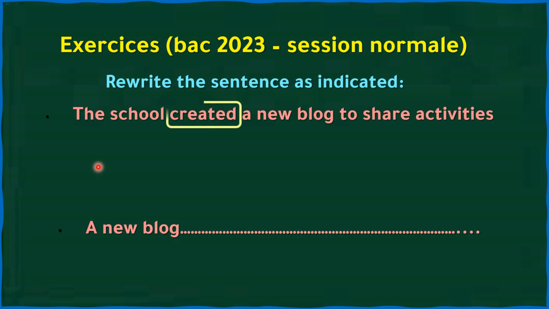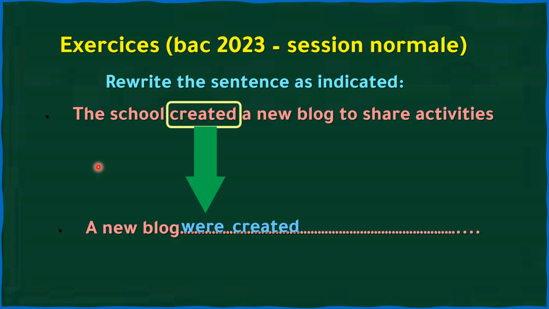It is created, simple past. So what is the verb to be? We put the verb to be in the simple past, which is were. Good. Were, plus what? The past participle of the verb to create, which is created.